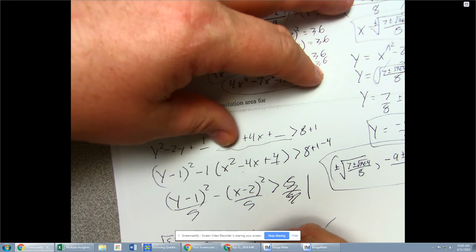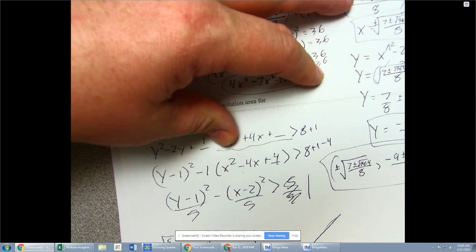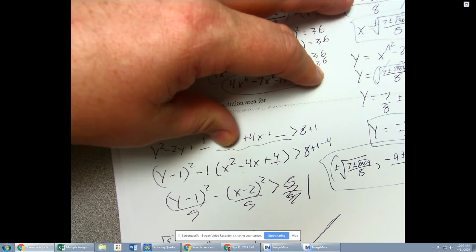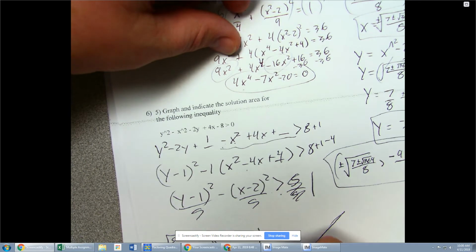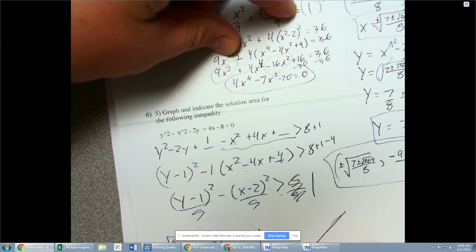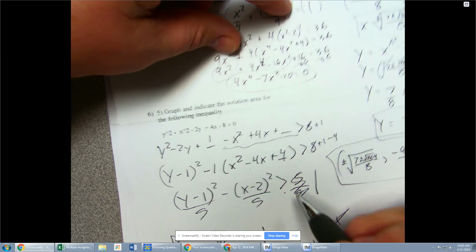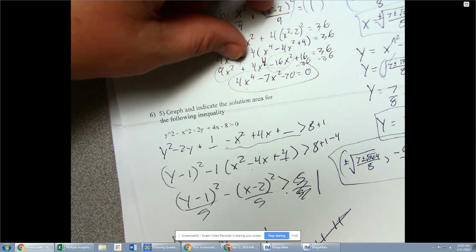Because the y is first, it goes up like this and down like this. Now, already we have an issue because this says y is greater than, so it needs to be dotted. So I got a dotted asymptote. The other thing is I'm going to try putting a 0, 0 in here, see if it works.